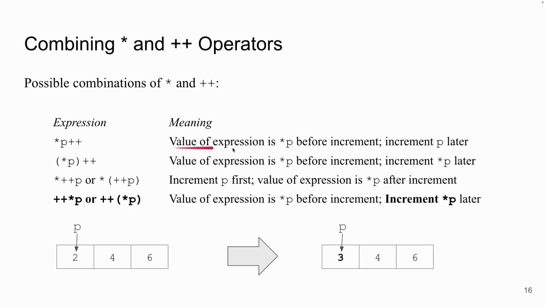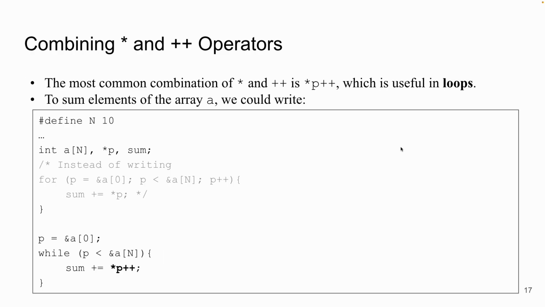I can use 2 lines to conduct these two actions. I don't need to really combine them all together. But if you want to use this concise expression and show off that you are really an expert in C, this is something you might want to learn.